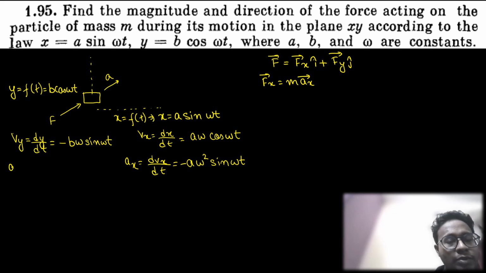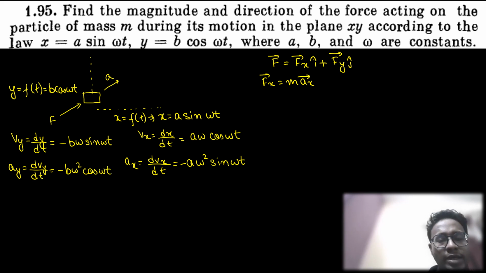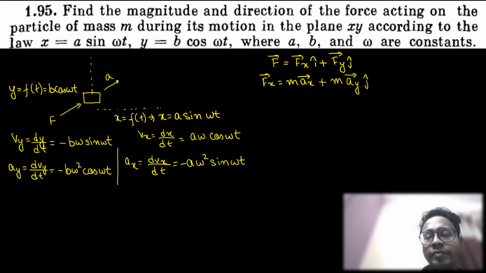Similarly, acceleration in y component is dvy by dt, which is minus b omega square cos omega t. Acceleration in x component is minus a omega square sine omega t, and acceleration in y component is minus b omega square cos omega t.